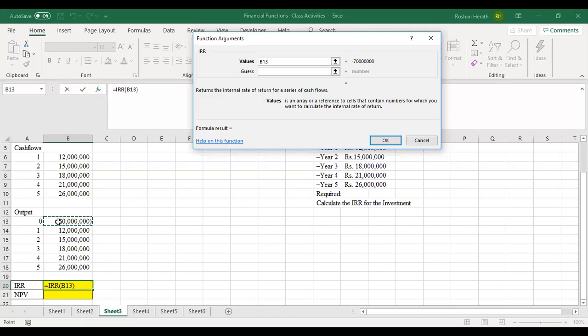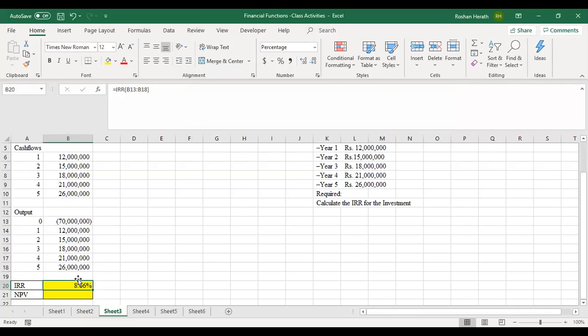Nothing like that. Just select the cash flows. That's it. Then it will say what is the return of that project. So this project generates 8.66, so almost 9% return is generated. If your cost of capital or the discount rate is less than 9%, you may accept the project. That is the decision criteria.